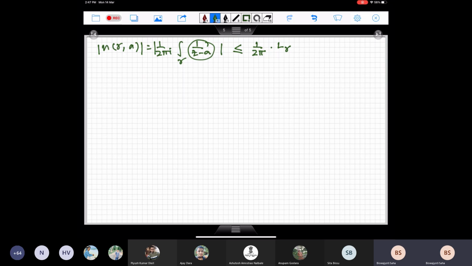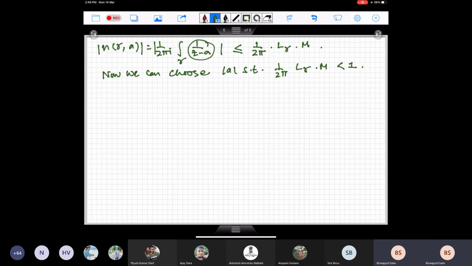So for this particular quantity, whatever your M is, we can choose mod of A such that 1 by 2 pi times L gamma times M, in absolute value, is less than 1.